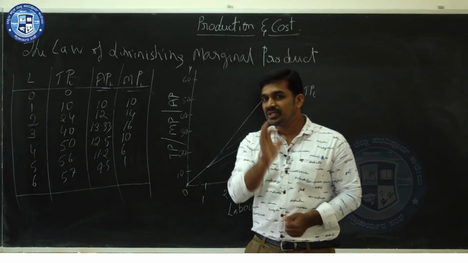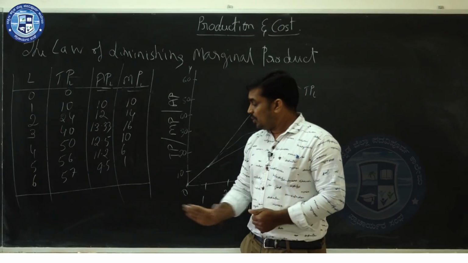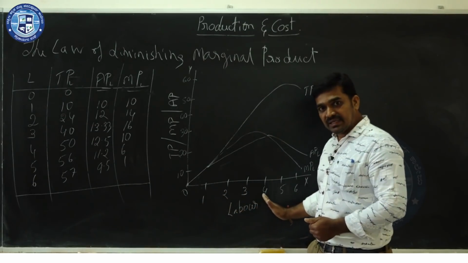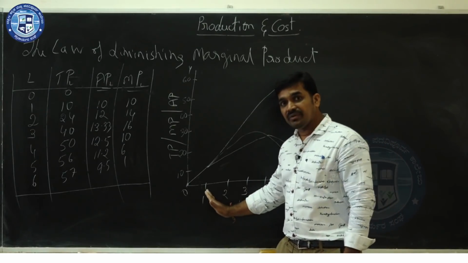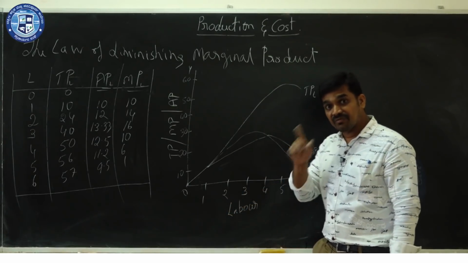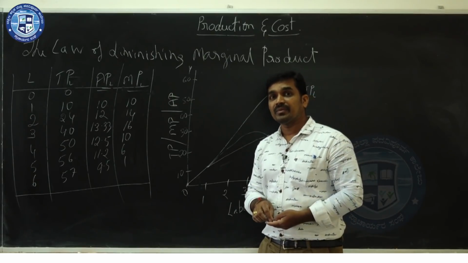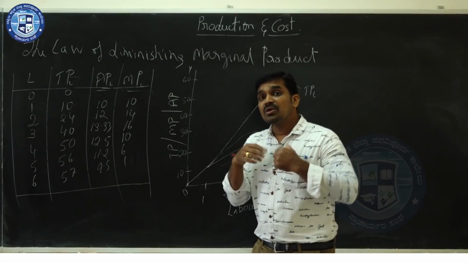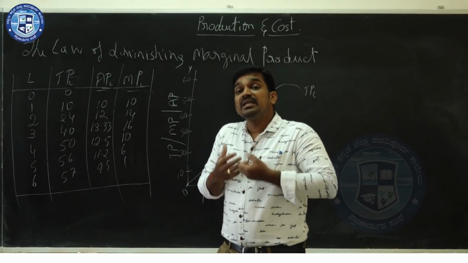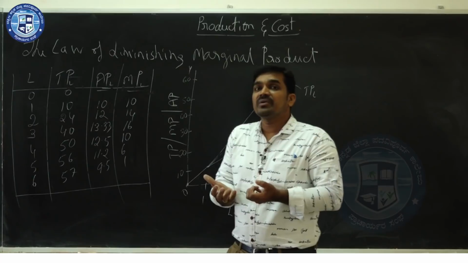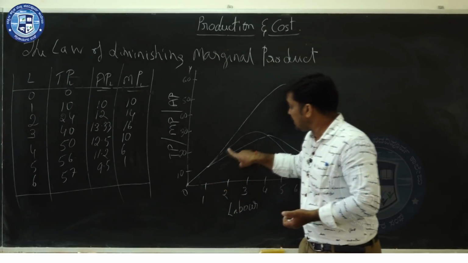Initially, the variable factor increases with the fixed factor. The use of the variable factor increases, and that's why marginal product is increasing.